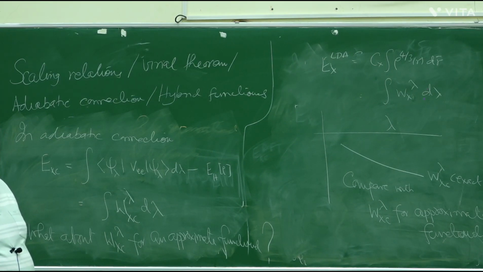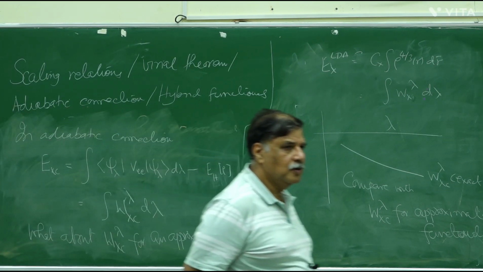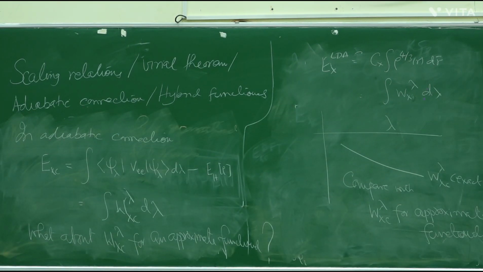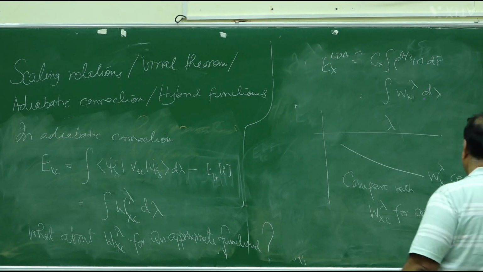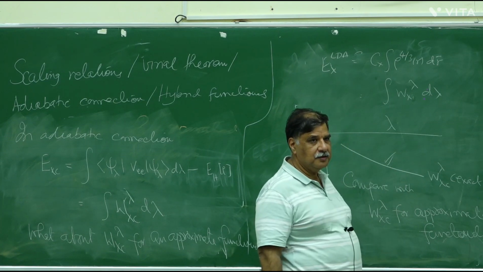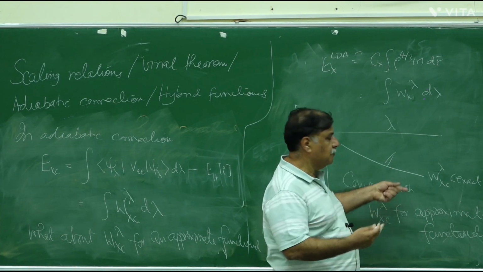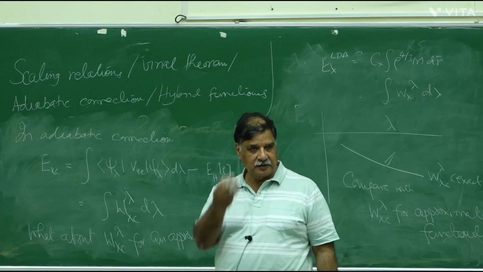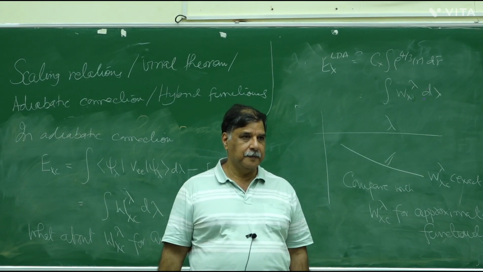And when they compared these densities, particularly modified Becke-Johnson densities, with QMC densities, they found that the two are very different.